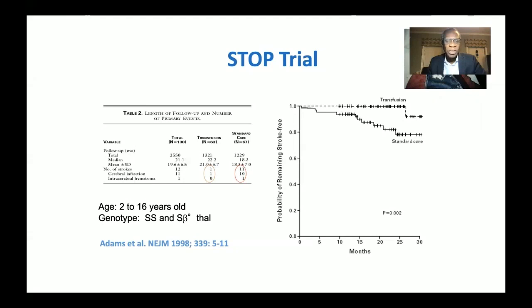200 centimeters per second, when randomized into two groups, the standard care, which is no specific intervention, and a chronic transfusion to reduce hemoglobin S levels below 30%. They showed in patients aged 2 to 16 years, the period when these events tend to occur, that transfusion therapy was associated with marked reduction in number of strokes and in intracranial bleeding.